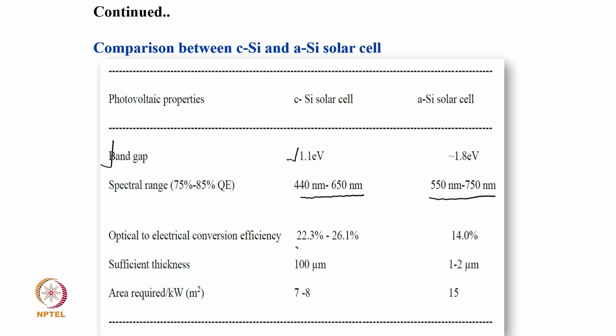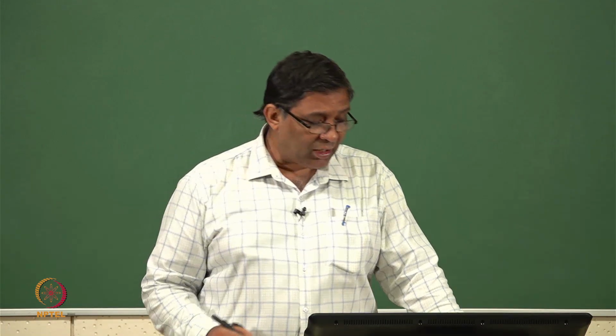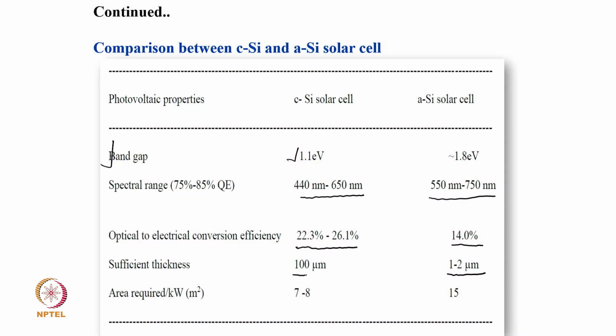However, the efficiency of crystalline silicon is much higher as reported so far, whereas amorphous silicon efficiency is much lower. This is a disadvantage of amorphous silicon, and therefore amorphous silicon was never used for large scale purposes. However, the advantage is that amorphous silicon has much lower thickness, 1 to 2 micrometers.